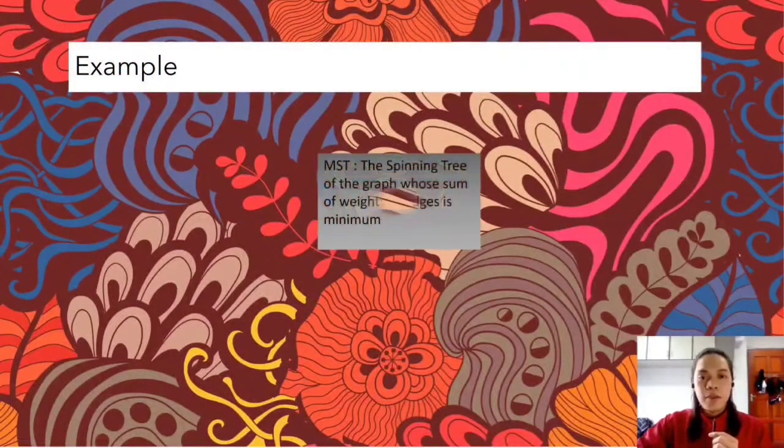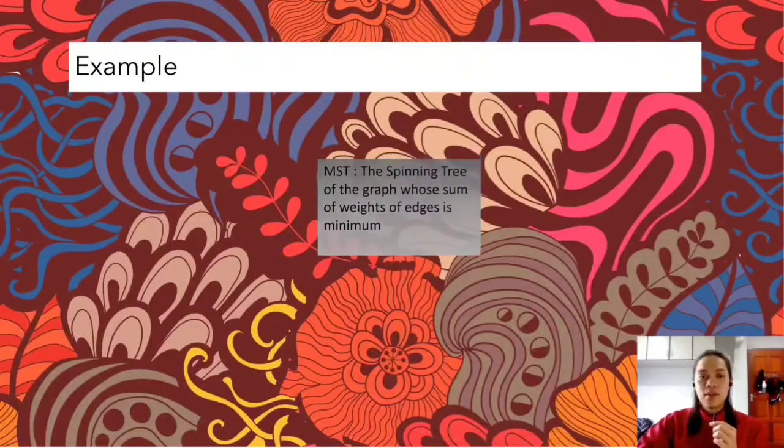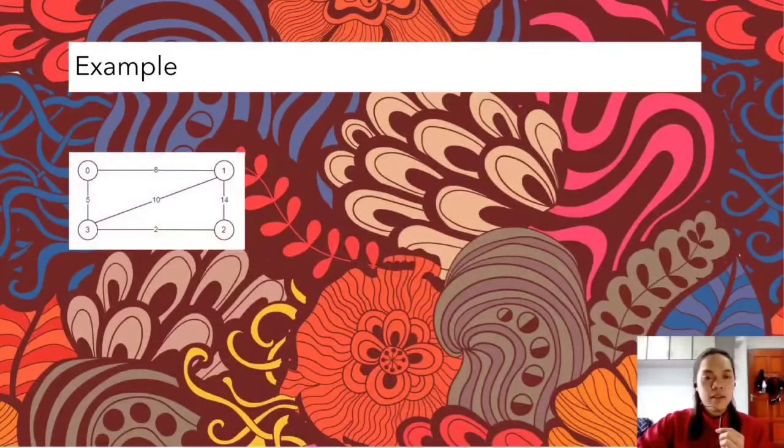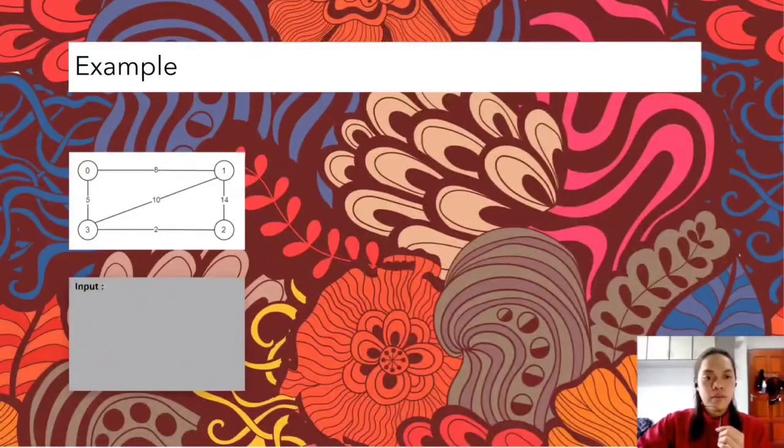MST is the spanning tree of a graph whose sum of weight of edges is minimum. This is the picture that we drew using our input in the coding. So the 4 vertices are 0, 1, 2, and 3, and this is our weight.